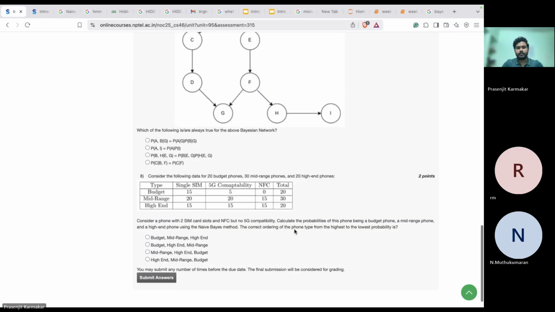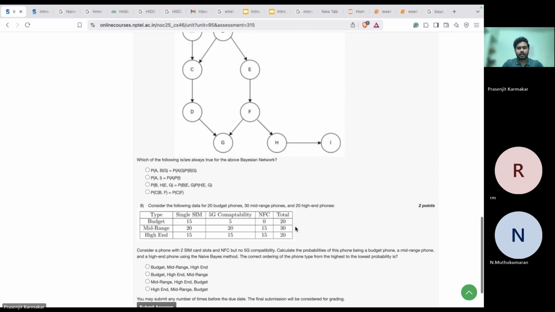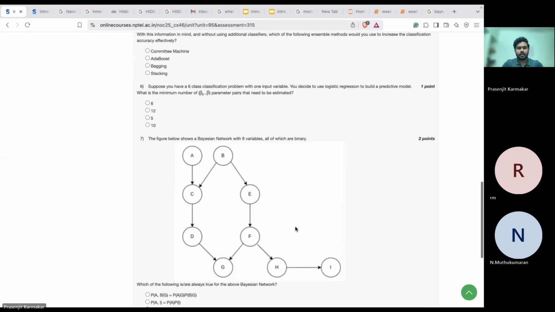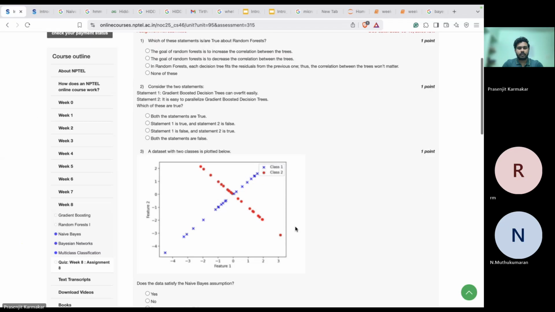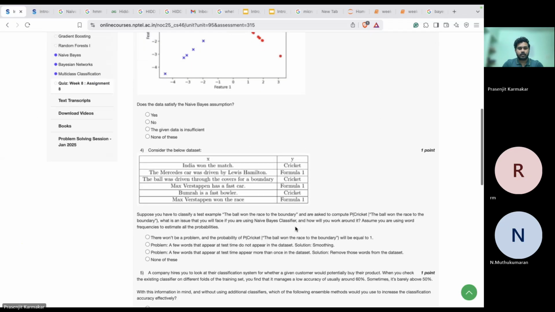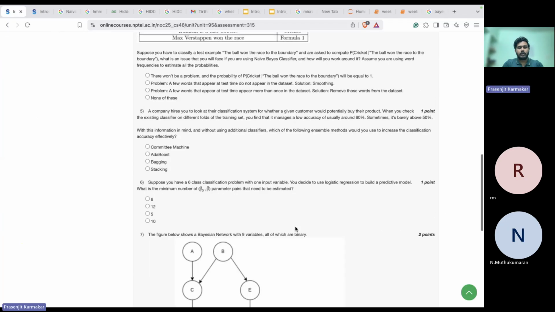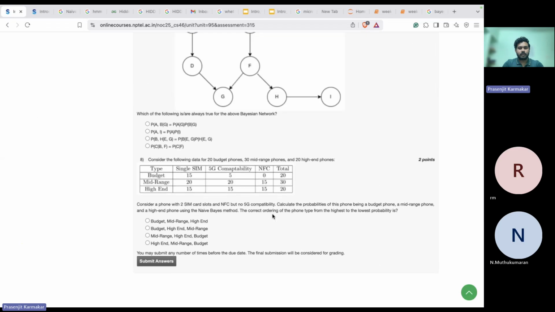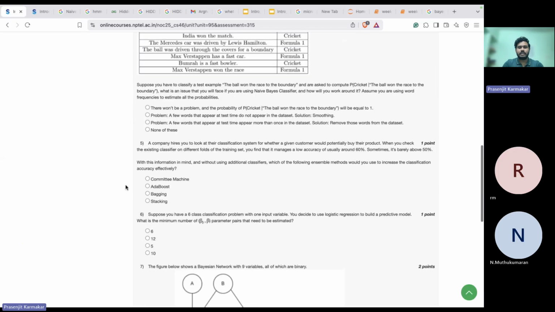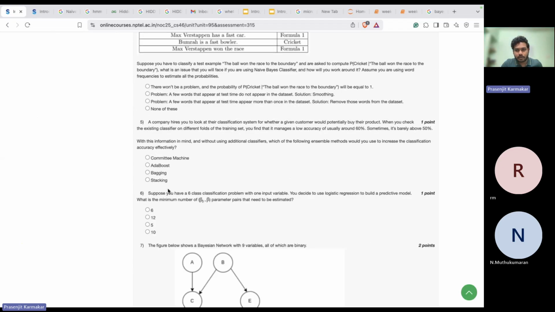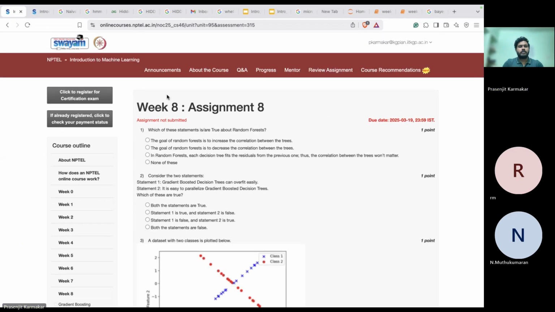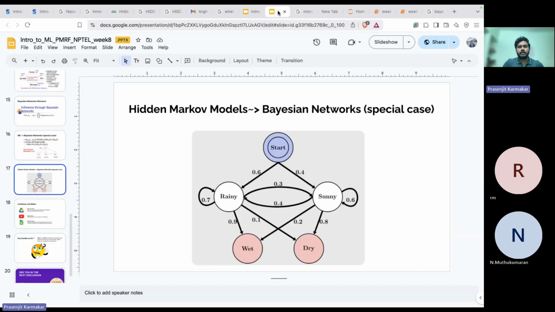Okay. So one problem is from the graph. Others are counting problems and all. I guess a naive Bayes problem would be there somewhere. Okay. So let's move on to other topics.